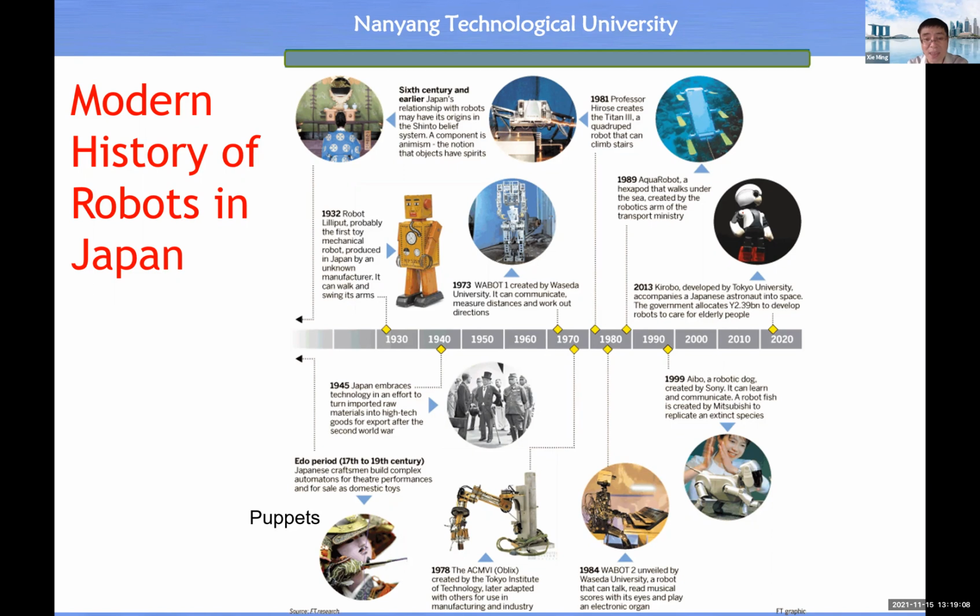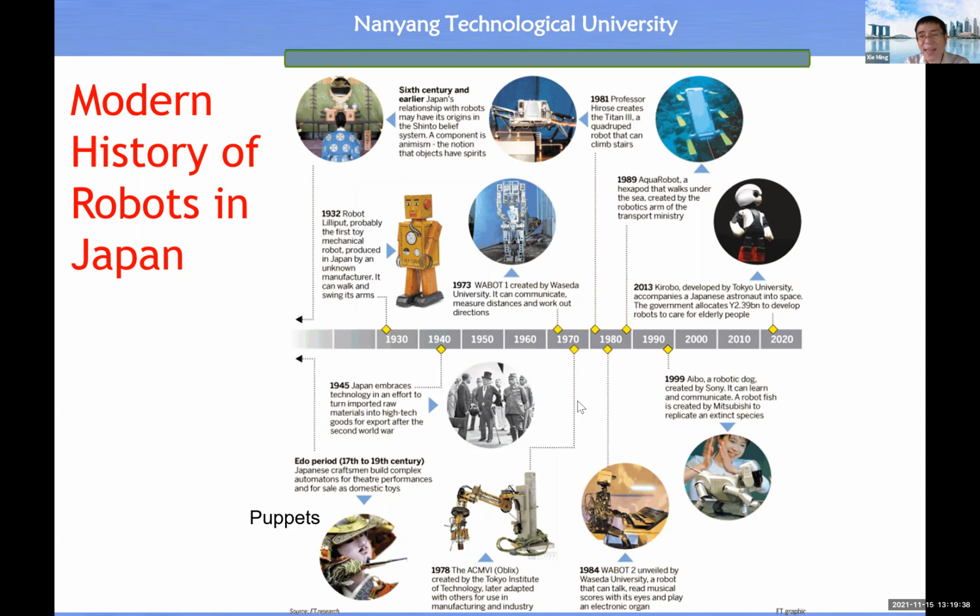And you will see the investment in Japan started with the development of puppet. So we developed the first generation of the puppet all the way toward the second generation, and eventually to develop autonomous robot or third generation or fourth generation.